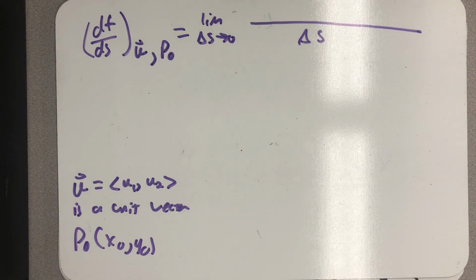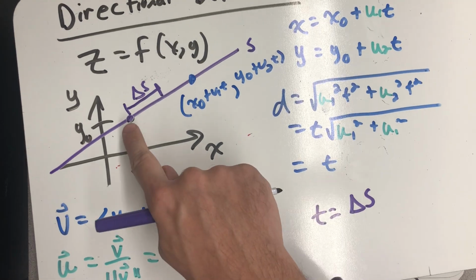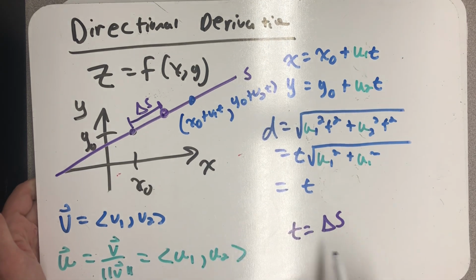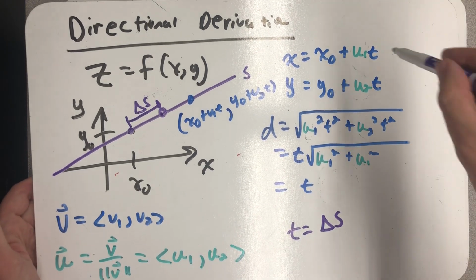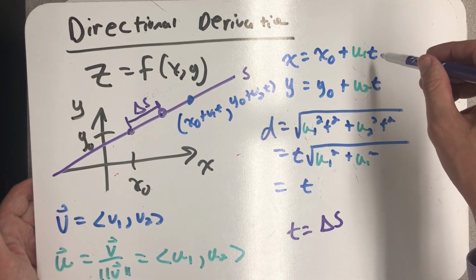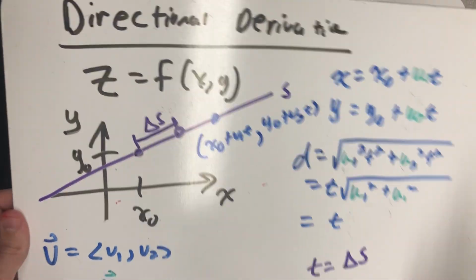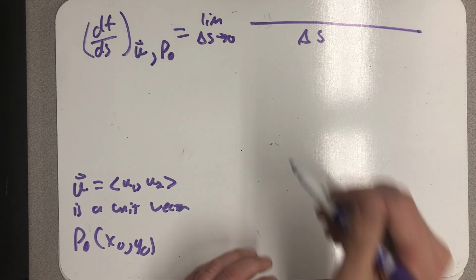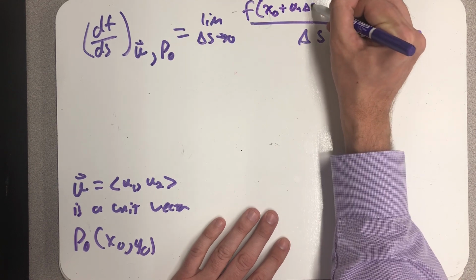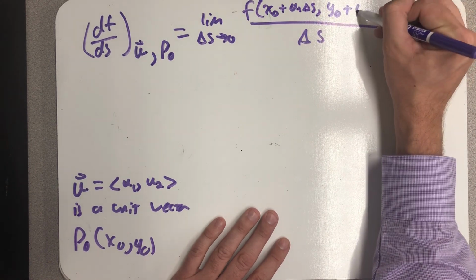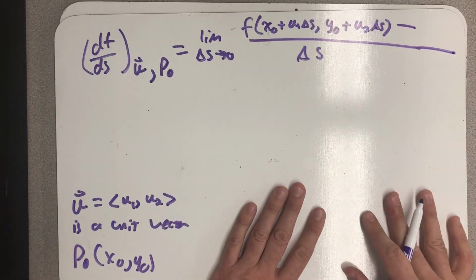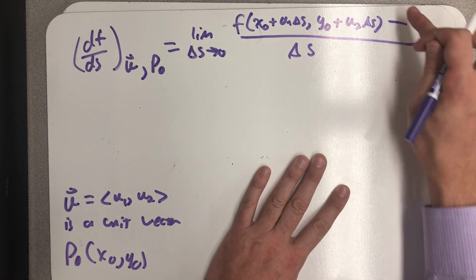And now what I need to think about is what to plug in. Well, if I move delta s down the s-axis, I end up at a point right here that happens just by plugging delta s into these parametric equations. So x naught plus u1 delta s and y naught plus u2 delta s, minus, well, the z value at x naught, y naught.